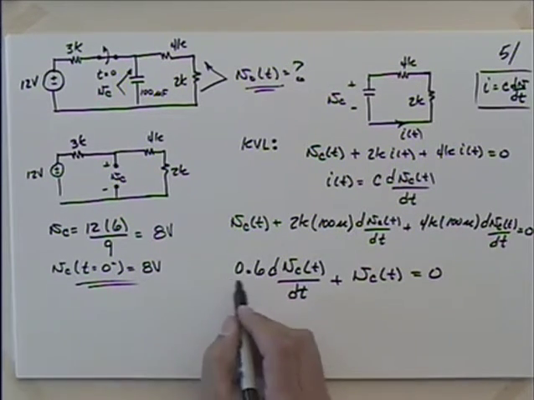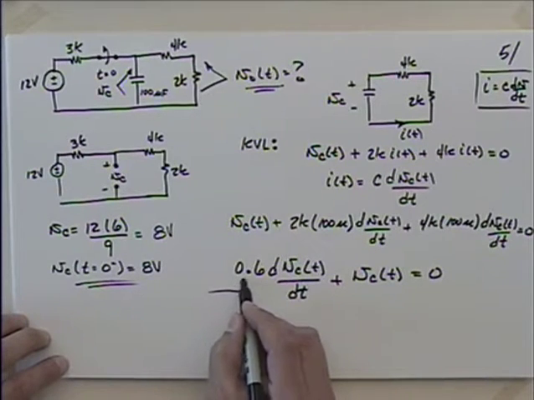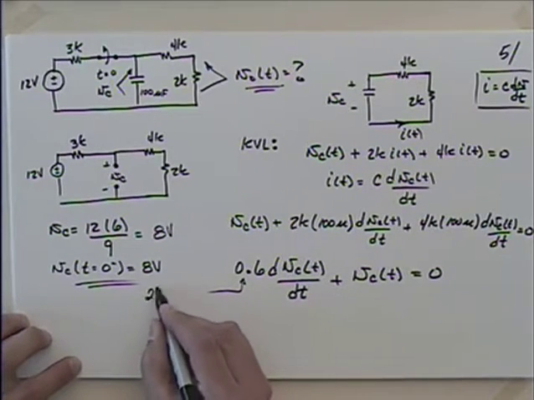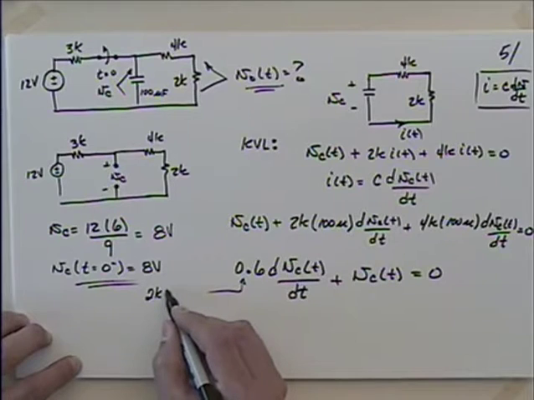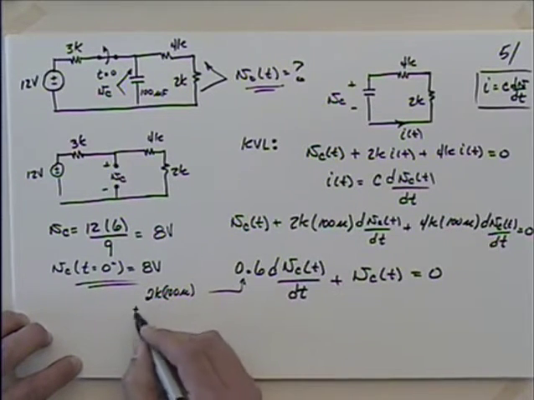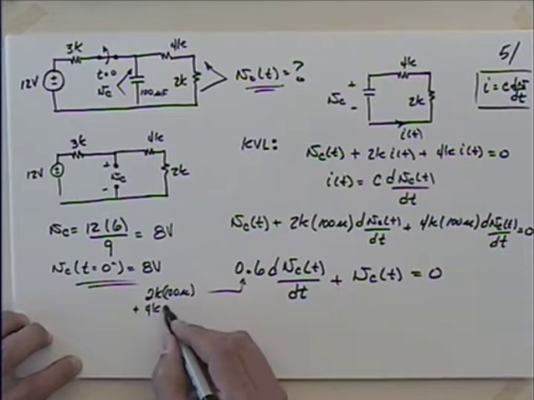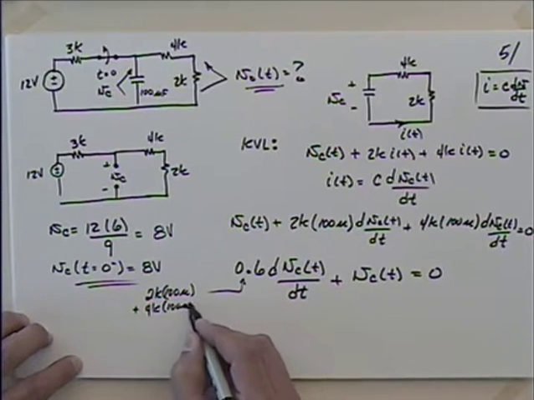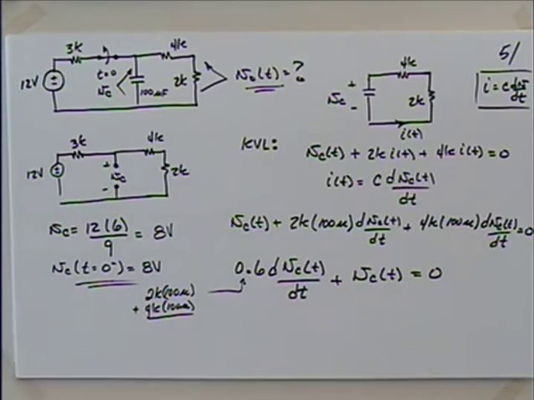So that 0.6 just comes from 2K times 100 micro plus 4K times 100 micro. Well, that's about as far as I can go, right?